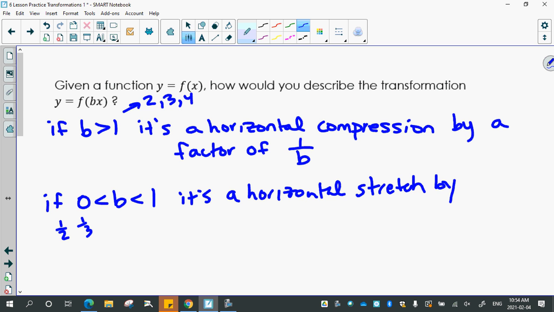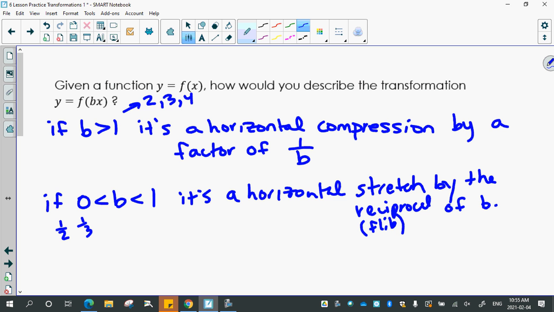So your horizontal stretch isn't by a half or a third, it's by 2 or 3, right? So if I say by the reciprocal of b, meaning flip, right? So if b is a half, you're stretching by 2. If b is a third, you're stretching by 3. B is a quarter, you're stretching by 4.